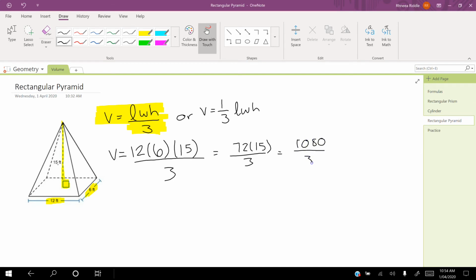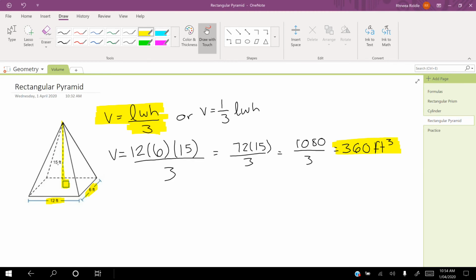We're still dividing by 3. And if we divide 1080 by 3, we get 360. And this is in feet, so it's feet cubed. So that is our volume for this rectangular pyramid.